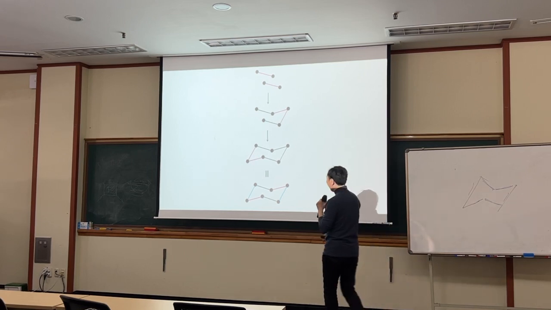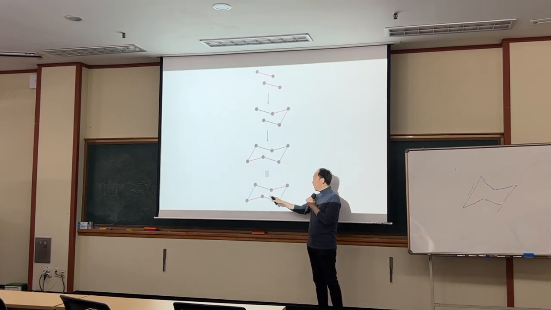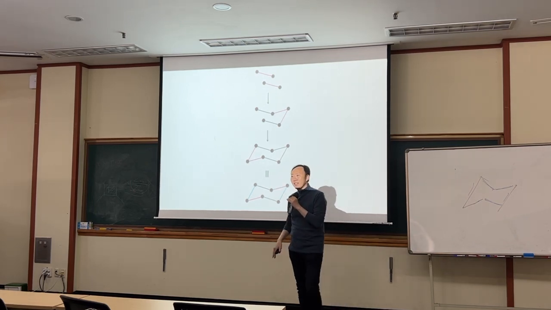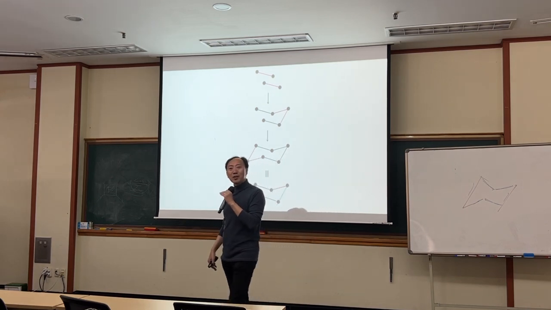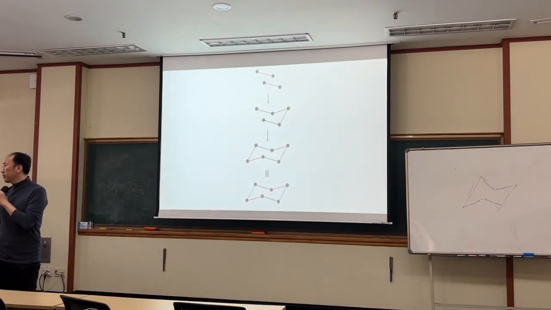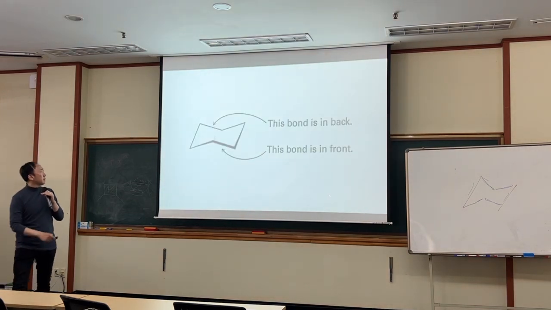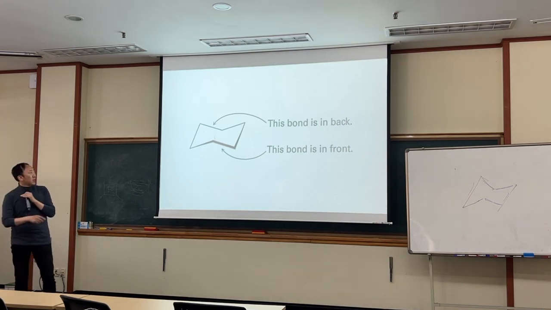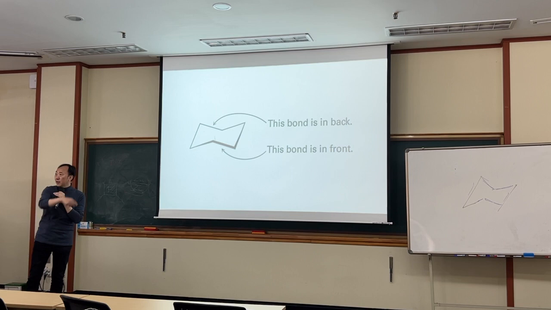For now you may think this one is closer to you and this one is behind, but if you change your eye angle a little, it looks the opposite too. There is no information about which one is closer to your eyes. So to notate that, if you draw it a little thicker this way, that's the kind way to show this is closer to you, and this is your backside.